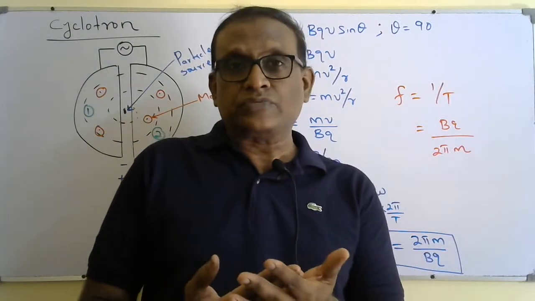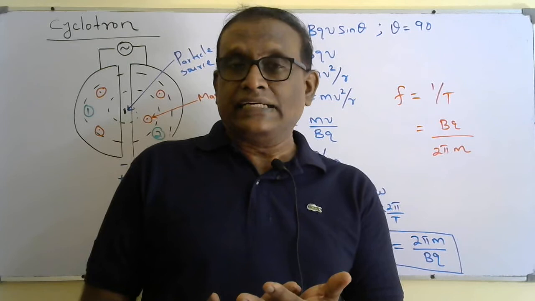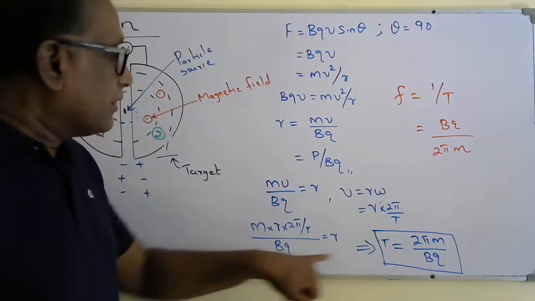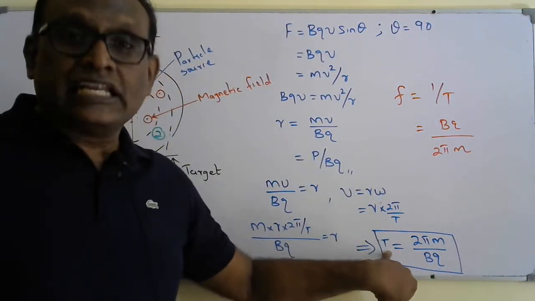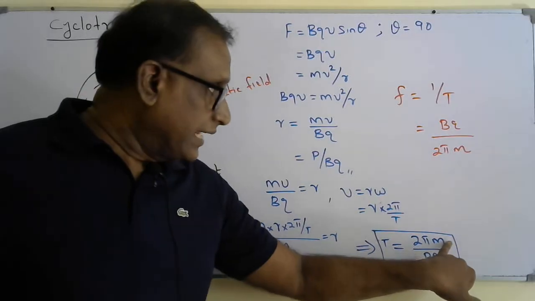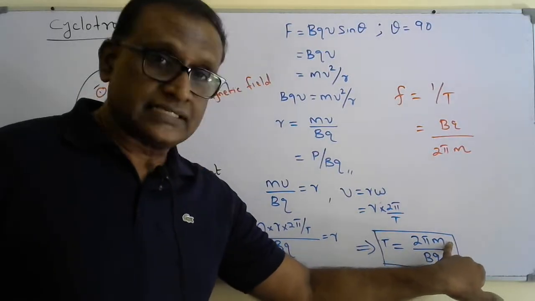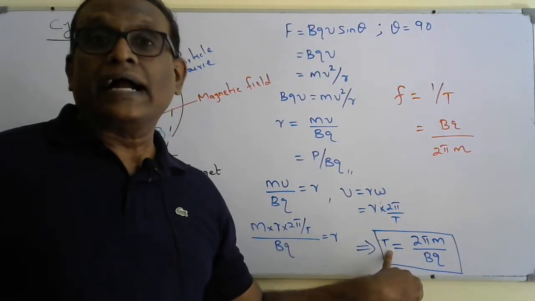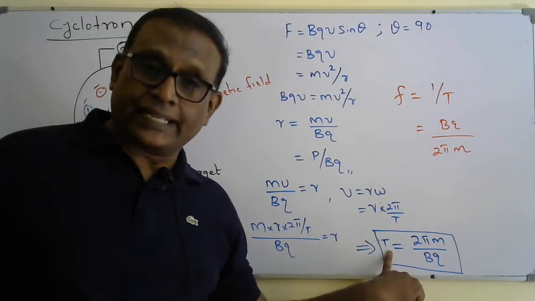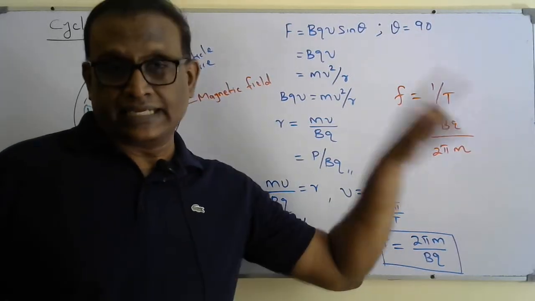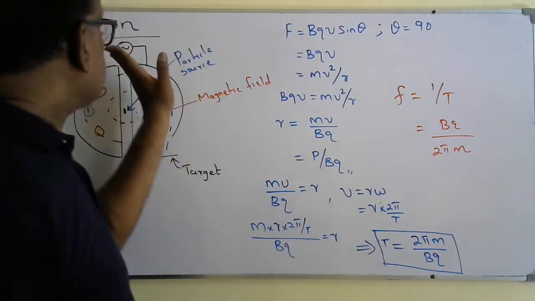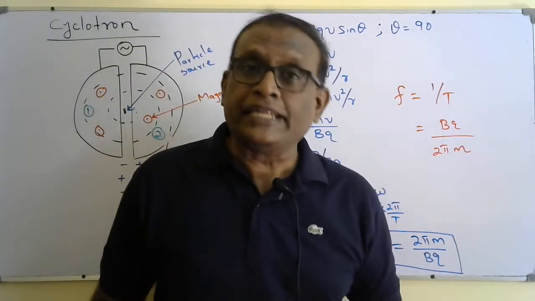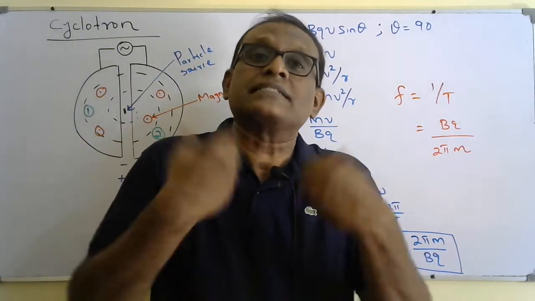But what happens when the mass of the particle increases? The time period of the circular motion of the particle will increase, because when M increases, T will increase. So the particle will take more time to complete one full circular motion. But the frequency of the AC signal, or the time period of the AC signal, will remain the same as earlier.